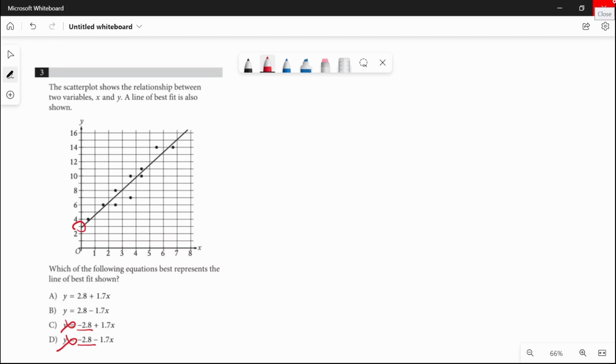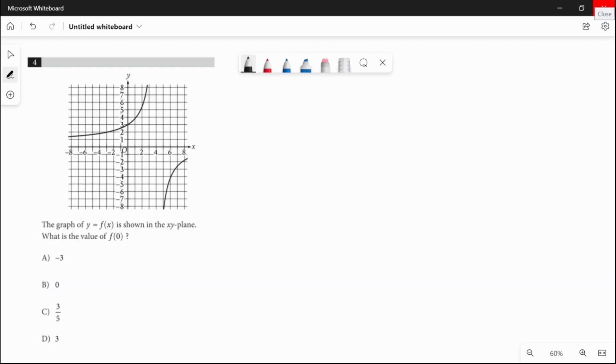Next, let's analyze the slope. You should notice that the slope is going up. The line is going up, therefore the slope is a positive value. So we can cancel out choice B because it has a negative slope, and we will be left with choice A. Therefore, it's our correct answer.